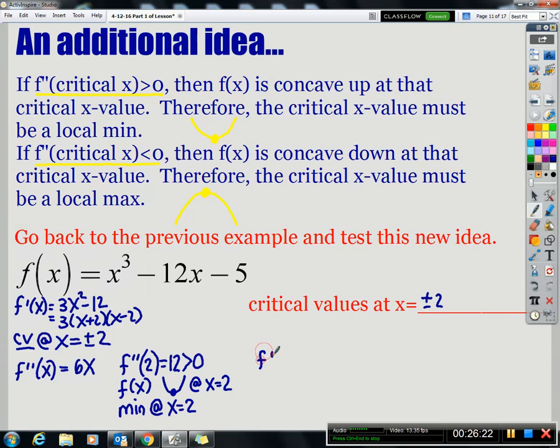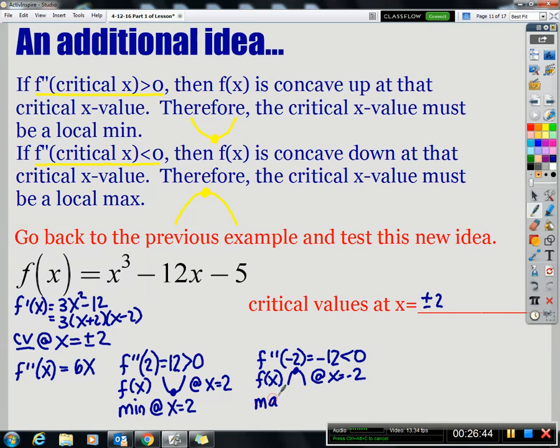And then I'm going to say f double prime of negative 2 equals negative 12. Of course, negative 12 is negative. I know that f of x then is concave down at x equals negative 2. So if the graph is concave down, then the negative 2 must sit at the top.